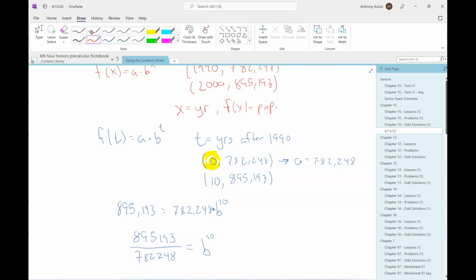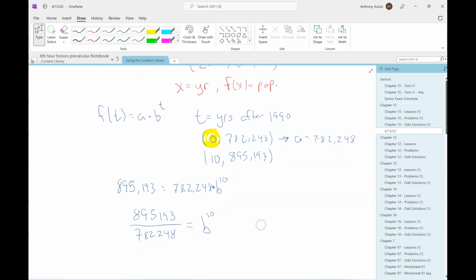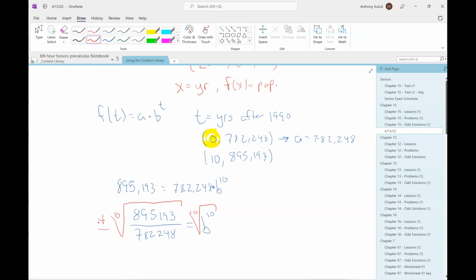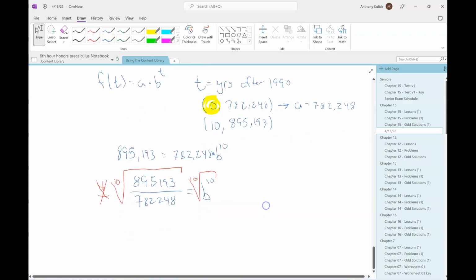Okay, and then how do I get rid of the 10th power there on the b? A 10th root, right? And because that's an even root, I get a plus or minus, but it's a b value, so I don't really get that.